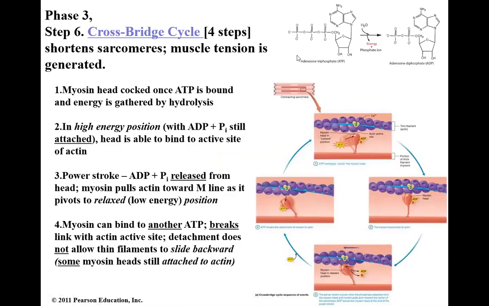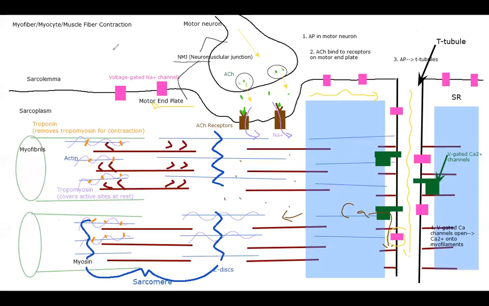Okay, so let's go back and see if we can draw this in. All right, so this is step number 5. Now we'll go to this side over here. Calcium binds to troponin, which removes tropomyosin.